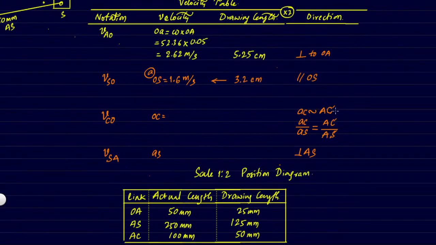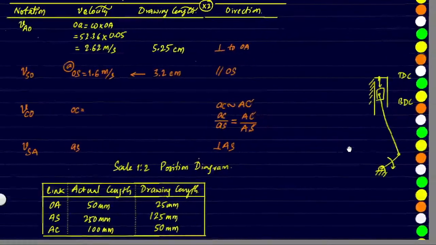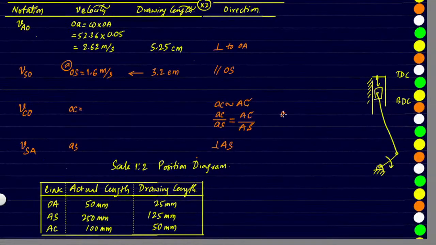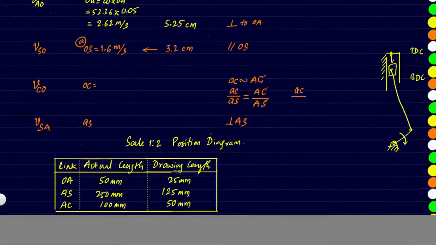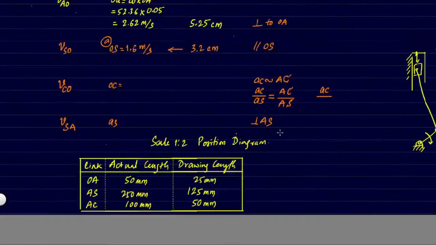So this is the relation which will ensure that the lengths are in proportion. So capital AC is something we don't know, keep it as it is. Capital AS, we know it. Small as is what we know from the diagram.